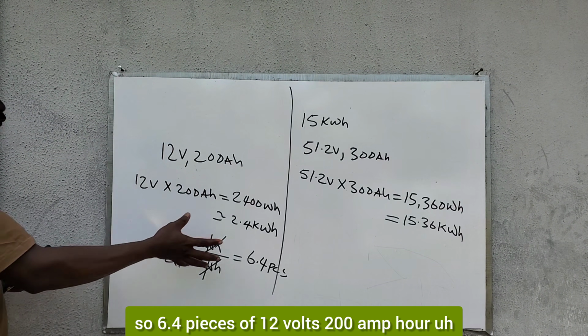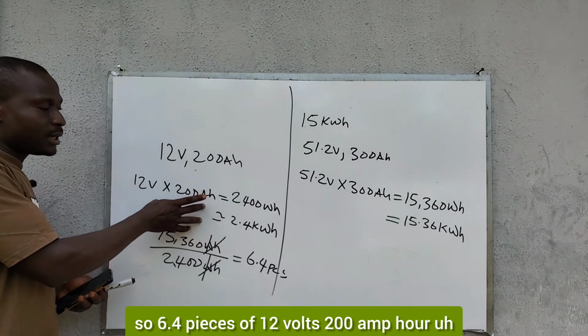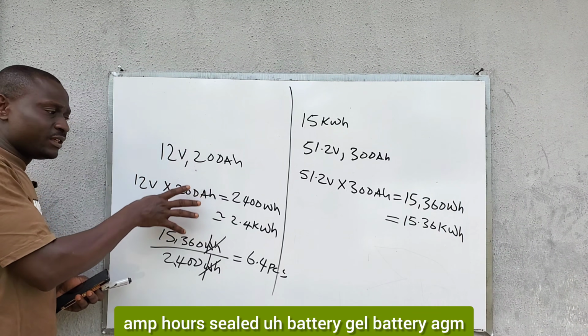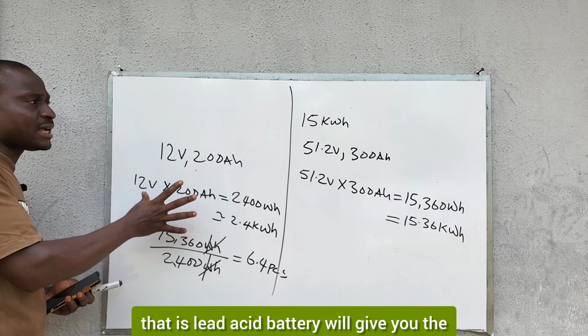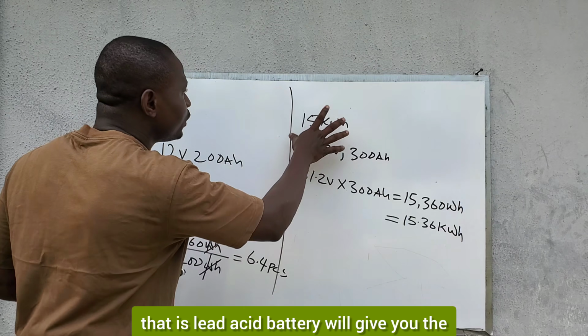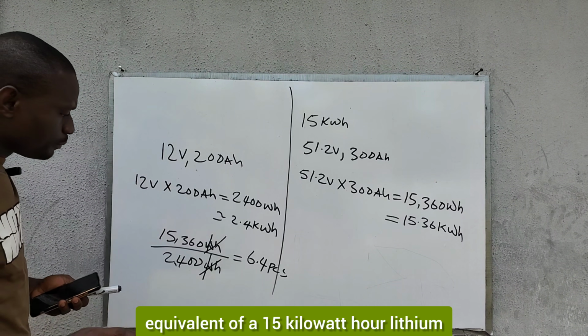So 6.4 pieces of 12 volt 200 amp hour sealed, gel, AGM or flooded lead acid battery will give you the equivalent of a 15 kilowatt hour lithium battery.